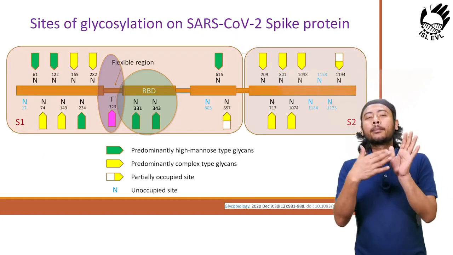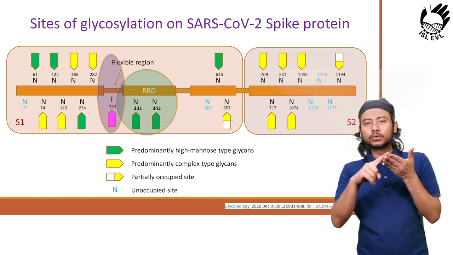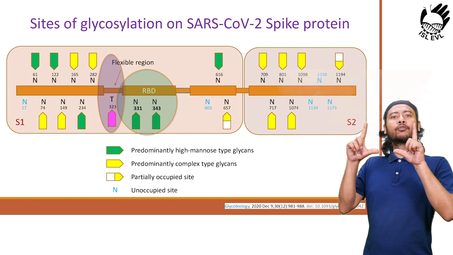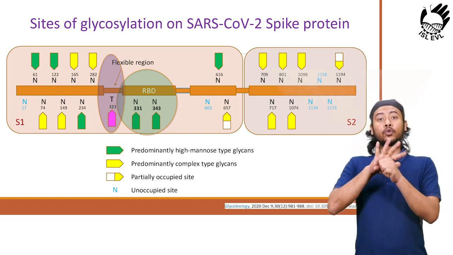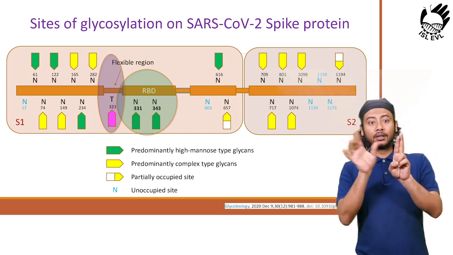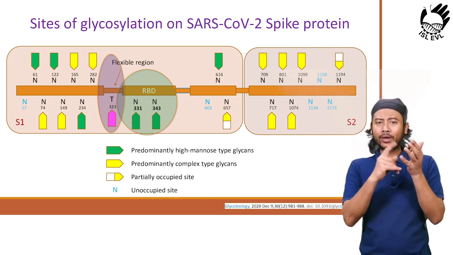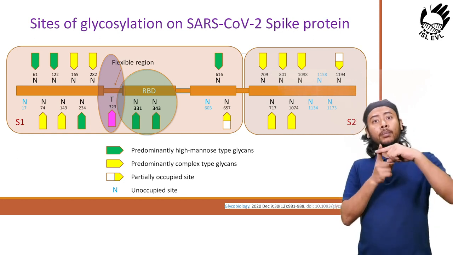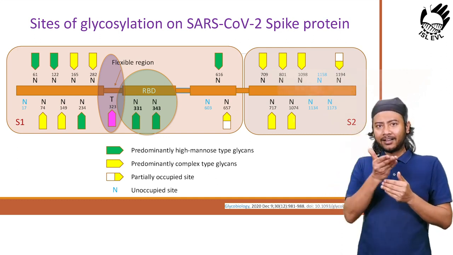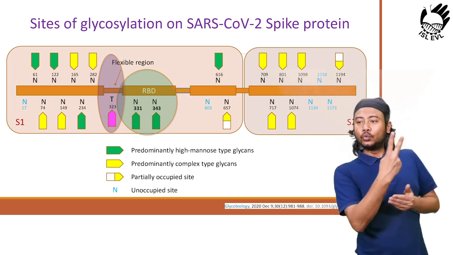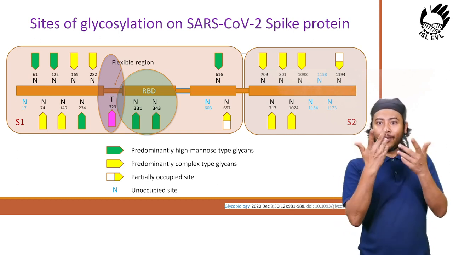So different types of glycosylations such as high mannose and complex type N glycans are detected on the SARS-CoV-2 spike protein as shown in the figure. The N glycosylation and O glycosylation at the receptor binding domain, which actually binds with human receptors such as human angiotensin converting enzyme, are most important.